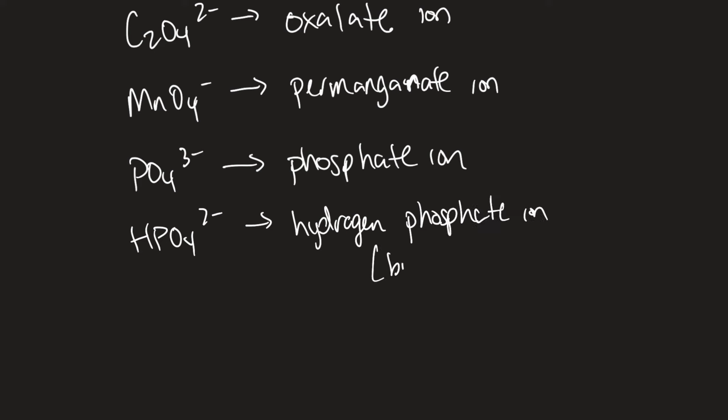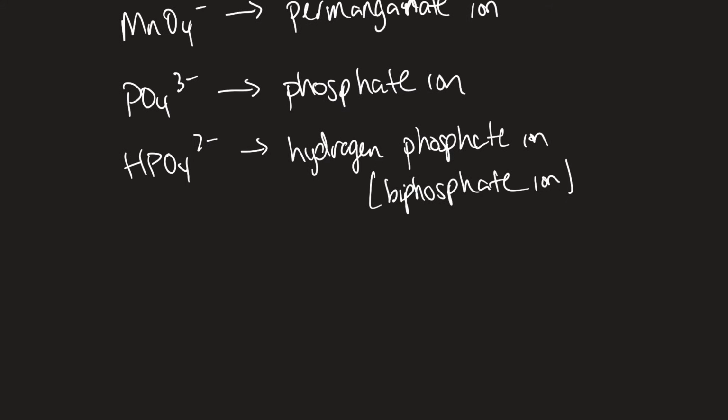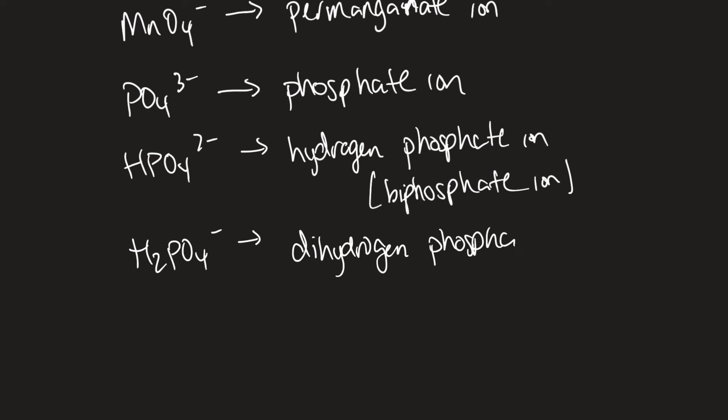Sometimes they call this the biphosphate ion. Which you should not further confuse with H2PO4 negative, which is called the dihydrogen phosphate ion.